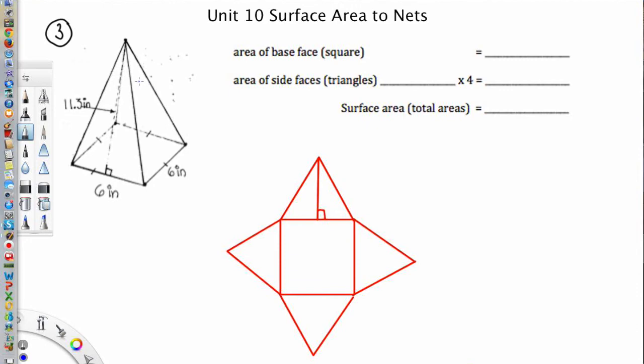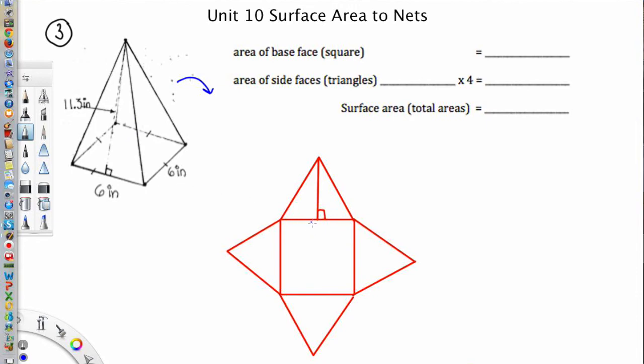And these are kind of neat. They're easy to diagram the nets. We can just imagine all 4 of the side faces, these triangles, just falling downward, and it opens up like a flower, each one of these being a petal, but the petals are triangles. And all of these triangles are identical triangles.